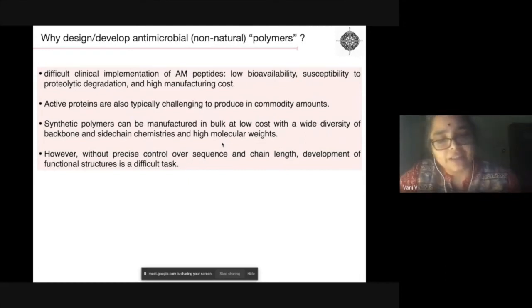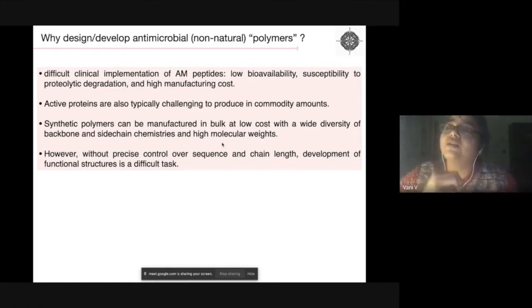But here there's a caveat I want to give. You can already imagine that this is most likely going to be a very difficult task. Nature had millions of years to develop these things. We are trying to develop polymers in a lab on an extremely short time scale compared to nature. As I also understand from my collaborators, it's very easy to design a polymer that kills everything, human cells, bacterial, everything.